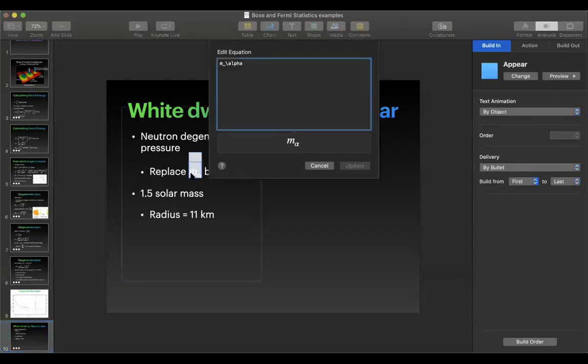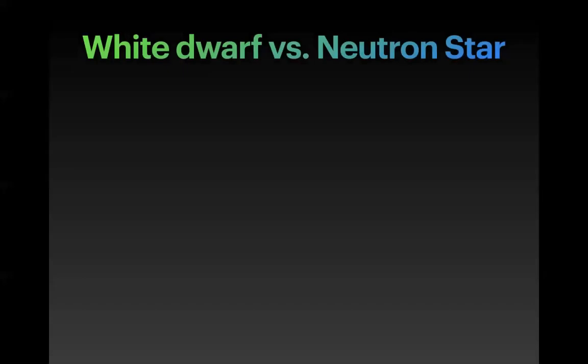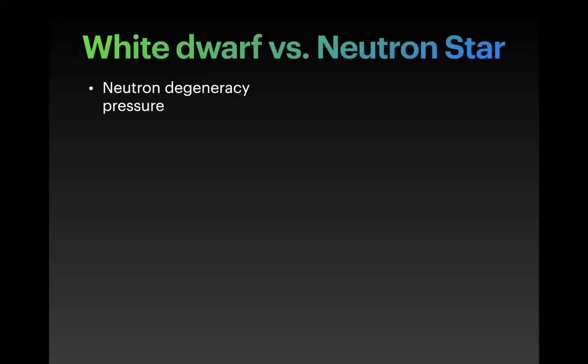Okay, so here I said replace. Pretty sure this should be the electron mass, right? Because the alpha mass was just used in relating the mass of the star to the number of electrons. So here now we're looking at the Fermi energy of the neutrons rather than the electrons. So you do that same calculation, but you've got a neutron mass which is like 1,800 times bigger than the electron mass.